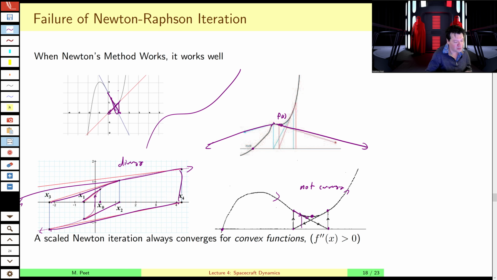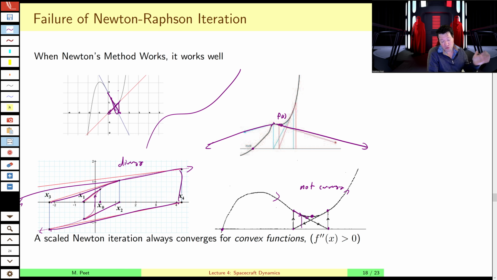If you assume that the function has a bounded derivative and it's convex and various things, you can prove that Newton's iteration works well if you start sufficiently close to the root. If all these things are true, then you'll have convergence. But in general, Newton's algorithm doesn't always converge.